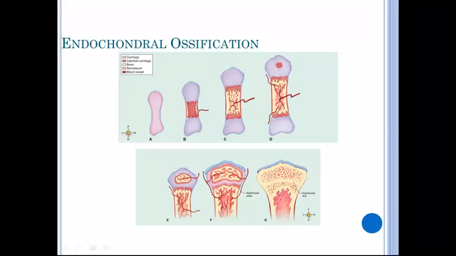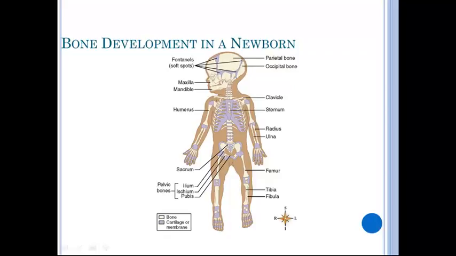And G here shows the mature bone only with a faint epiphyseal line, which marks where the cartilage has disappeared and the ossification has fused these parts together. So here's an infant skeleton which has many bones, and each place here that we have marked and labeled is a place where there is an epiphyseal line or a growth plate that needs to fuse together.